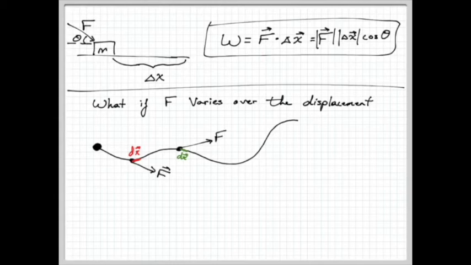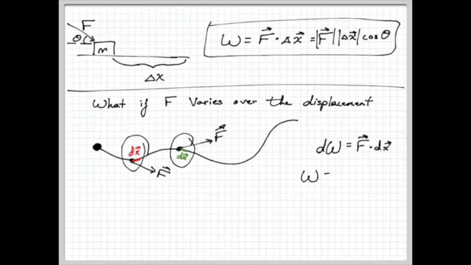So then how do we find the work being done throughout this entire path? What we want to do is every single one of these little pieces contributes a very tiny amount of work. So if I want to know the entire amount of work done, well, I have to take all these little pieces and add them up.